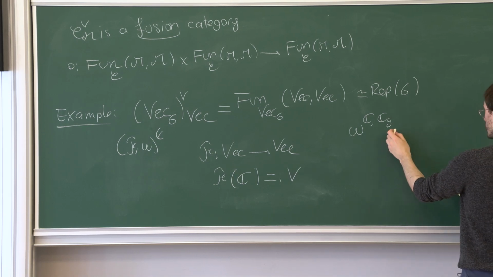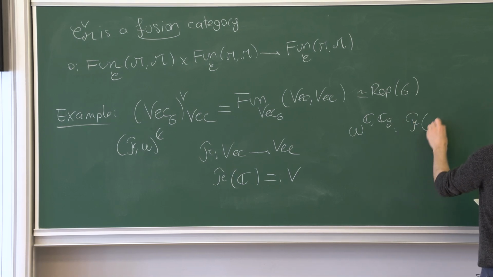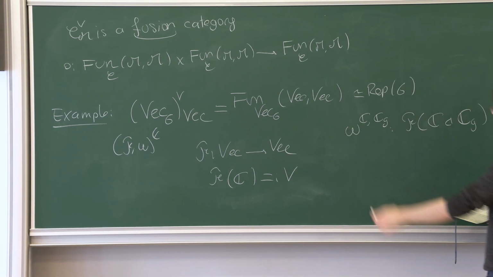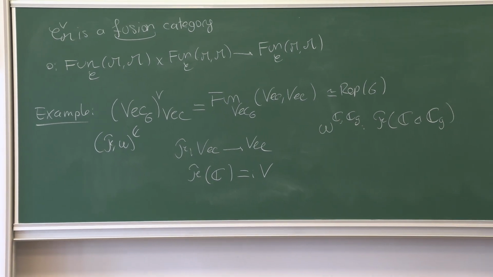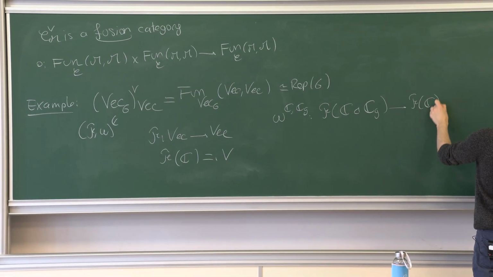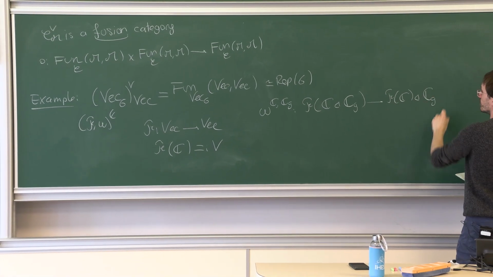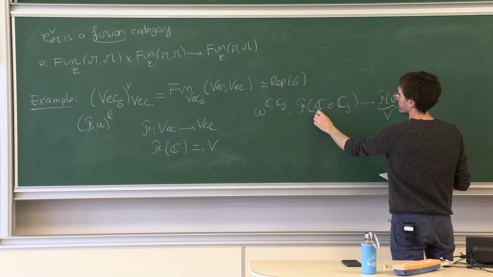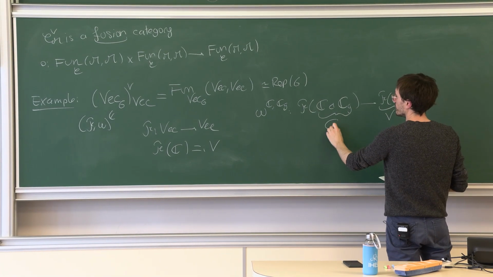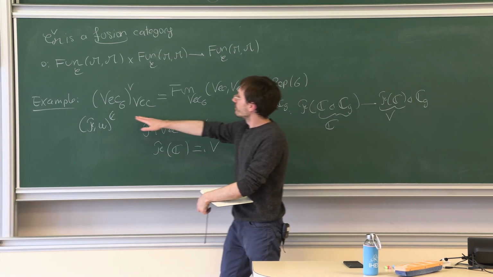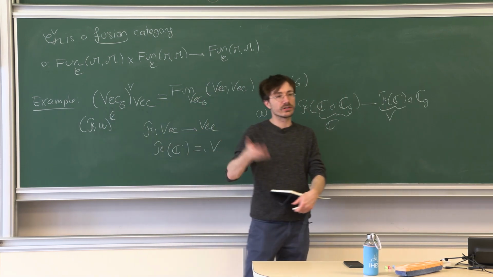So by definition, what are they? They are maps. It's enough to look at only the simple objects for these things. It's a bit like the basis vectors. I'm only doing these computations on basis vectors. So this I know what it is. It's V. This is C as well, because the way Vec_G acts on Vec is essentially by forgetting the group.